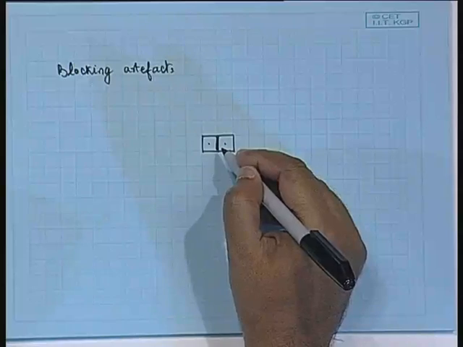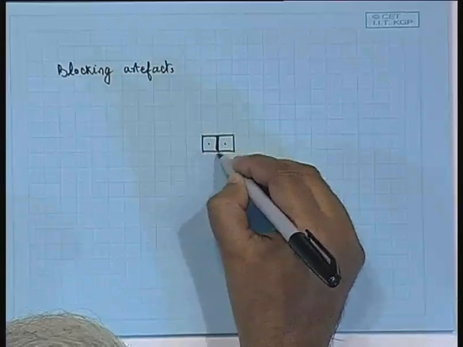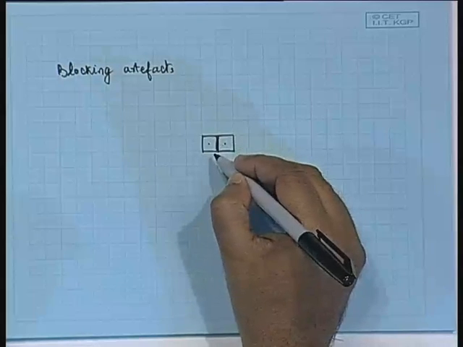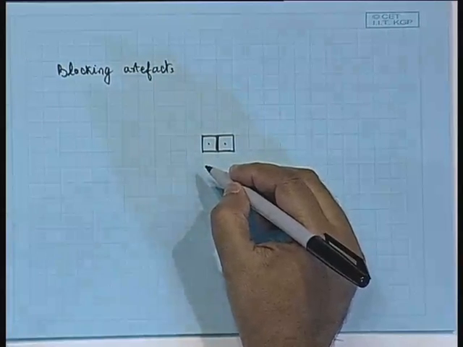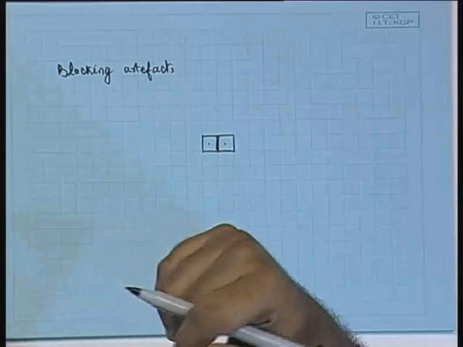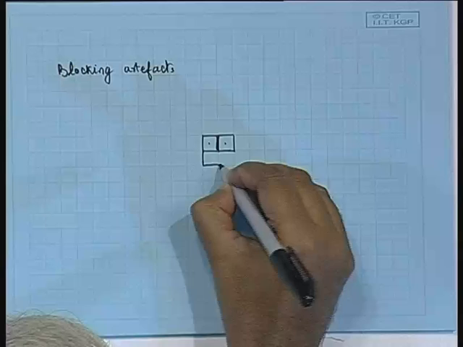After all, the DC value is also computed out of the local properties. So, the local properties can change from this block, and the next neighboring block may not have exactly identical local properties. As a result, the overall intensity varies, and the low frequency components would vary. This gives rise to some kind of gradations in the quantization of every individual block, and this gives rise to a checkerboard effect.